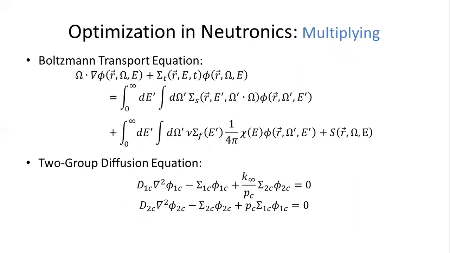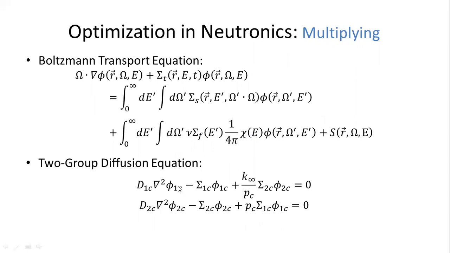In multiplying systems, the Boltzmann transport equation, in addition to the previous terms, has a fission possibility represented by sigma f multiplied by phi. Chi e is the fission spectrum of fission neutrons emerging from the fission, which find themselves in the phase space of interest for which this equation is written, the R omega E. Now, this is the steady state Boltzmann transport equation.